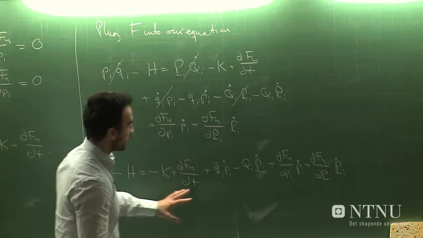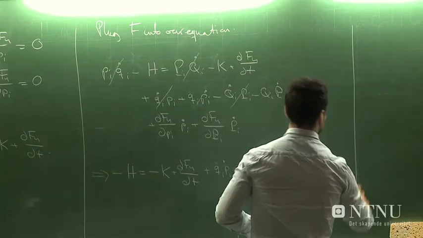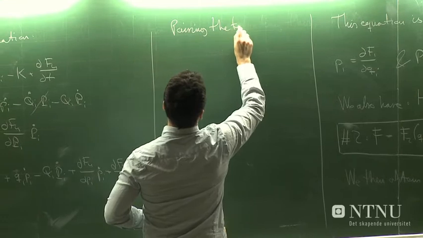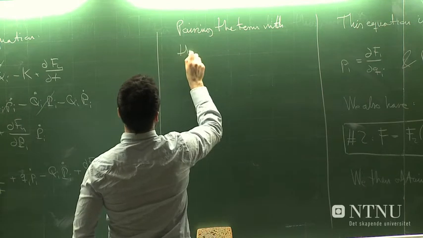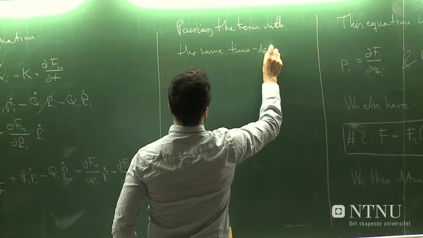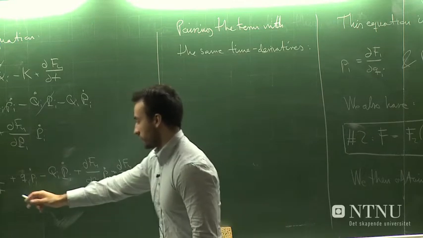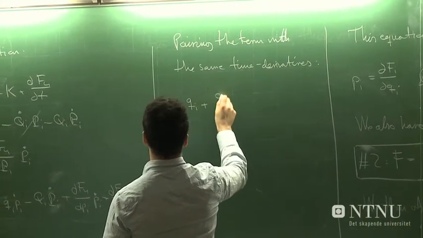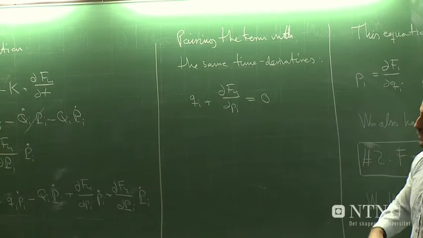So at this point, it's just a matter of pairing the terms with equal time derivatives. What we have corresponds here and here, which gives us qi plus the partial derivative of f4 with respect to pi is 0.